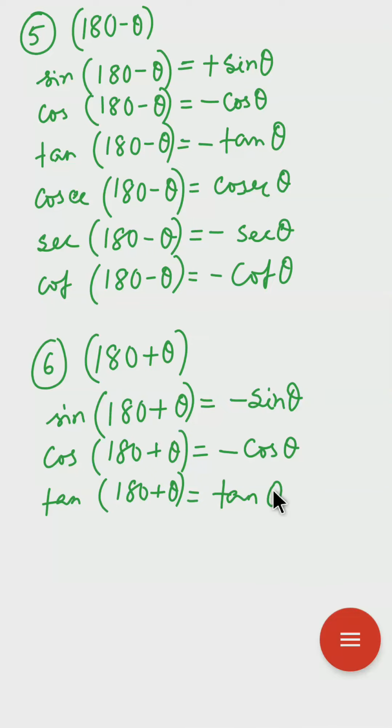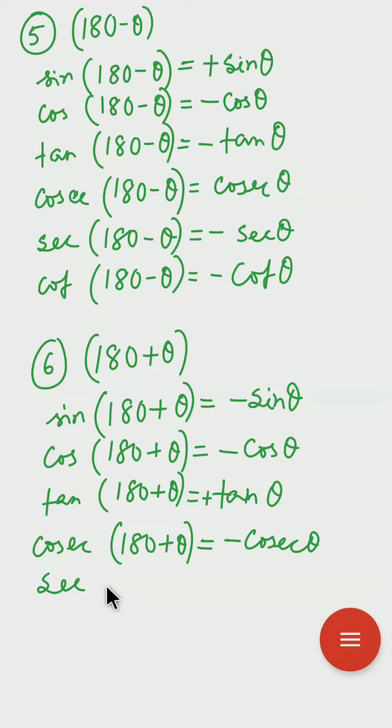Or we can verify by the formula. This is in the third quadrant. Tan is positive in the third quadrant, so the plus sign here; since we have not written any sign, it is plus. This is an even multiple of 90. So tan remains tan. So what about the other trigonometric ratios? Cosec 180 plus theta, we can write from here, will be minus cosec theta.